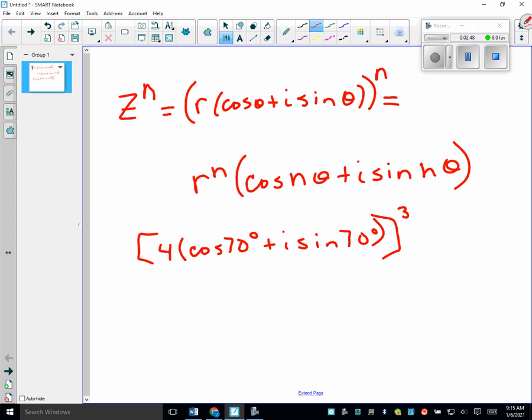I raise the r to the power. So I have 4 cubed. What does 4 cubed equal? Anybody know? 64. Can I cheat and write cis? And it is 3 times 70, which is 210 degrees.